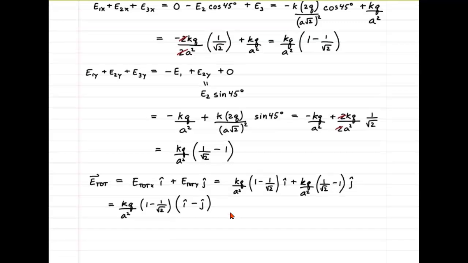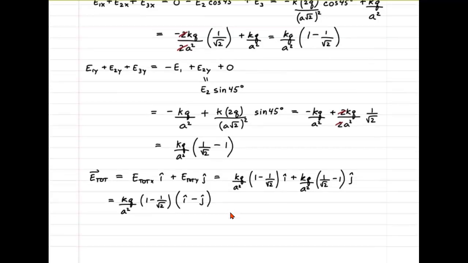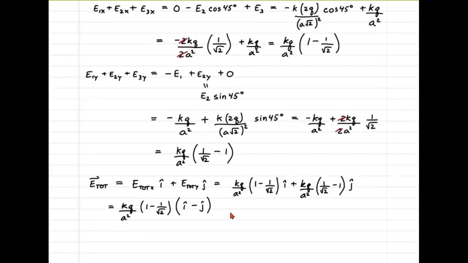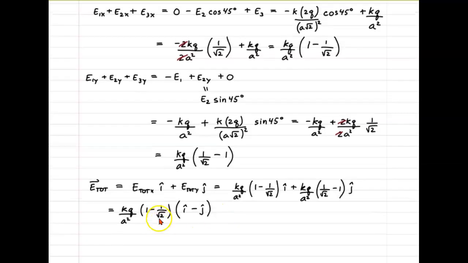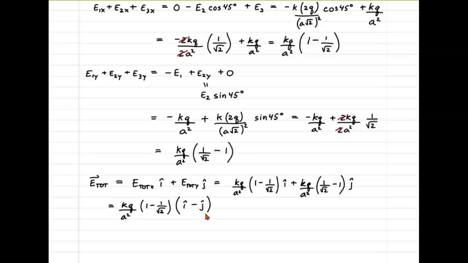So if we were to draw this E total field, they both have the same size magnitude, 1 and 1, so they're 45 degrees. And it'll go down like this, right? Because one is going to the right and the other is going down to the minus. So this would be what E total will look like. It'll be going down and to the right.